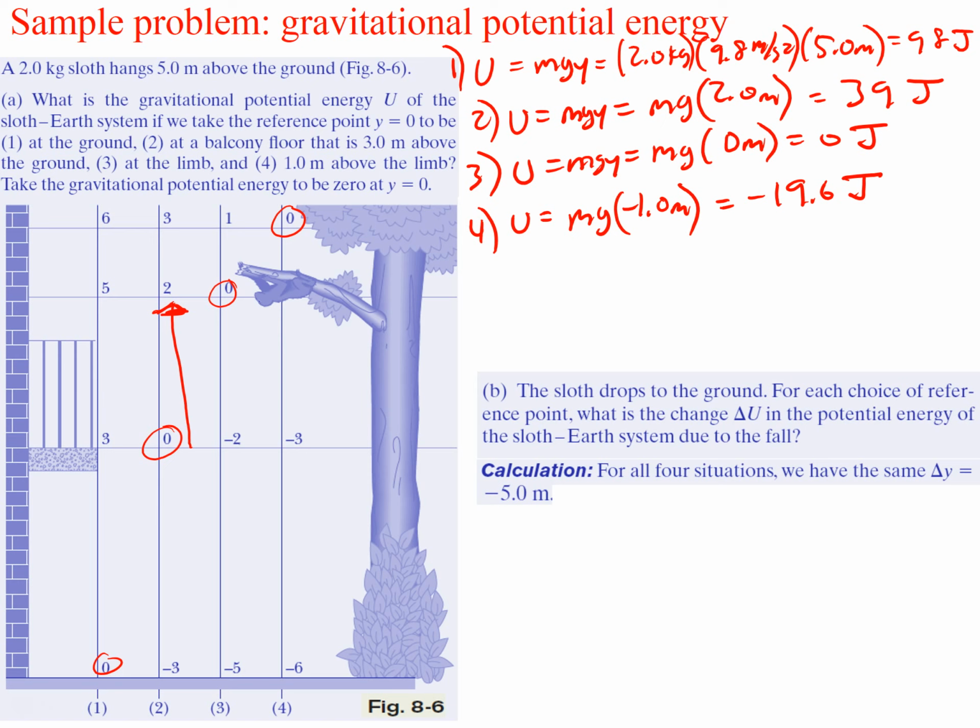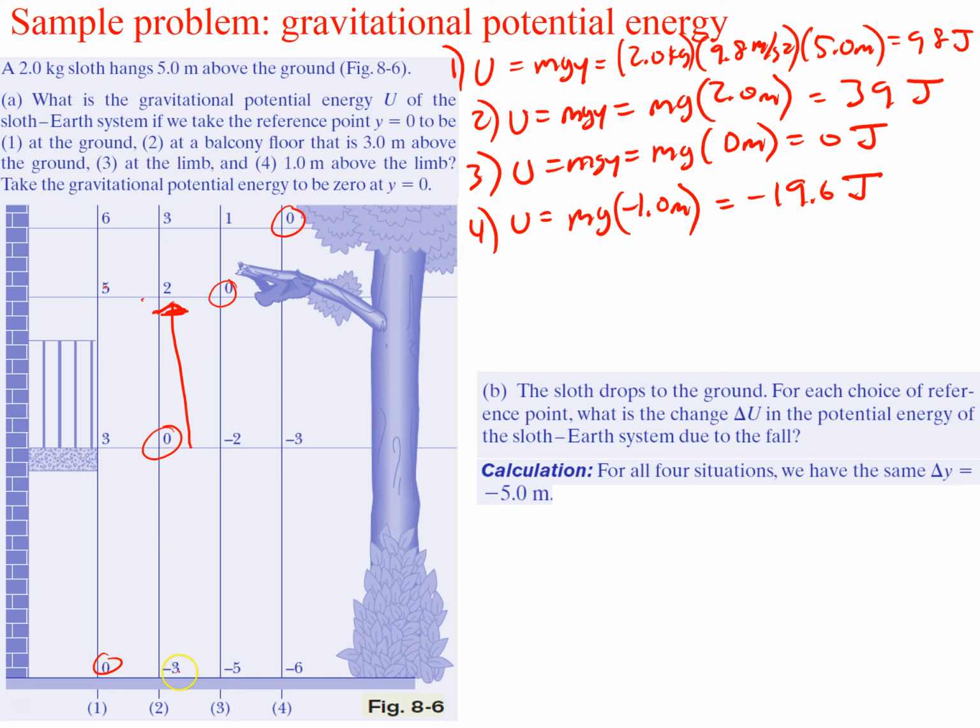In the second part, it says the sloth drops to the ground. For each choice of references, what is the change in potential of the sloth Earth system? So for all 4 situations, we have the same delta y, the same change in position, right? Because you're going from here to here. In this case, it's going to be 0 minus 5, so that'd be negative 5.